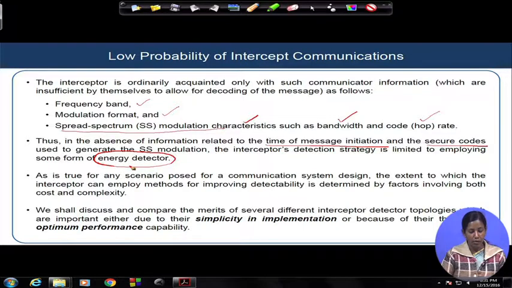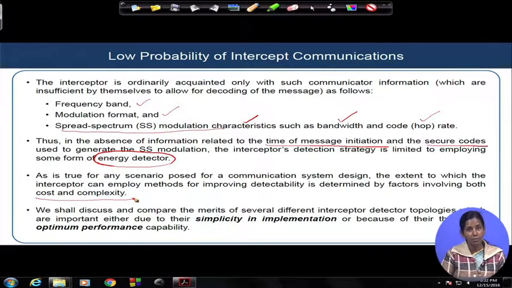Truly speaking, for any scenario posed for the communication system design, the extent to which these interceptors or energy detectors can improve their detectability will largely depend upon the cost and the complexity involved in that detection process. So we understood that interceptors will basically be energy detectors.